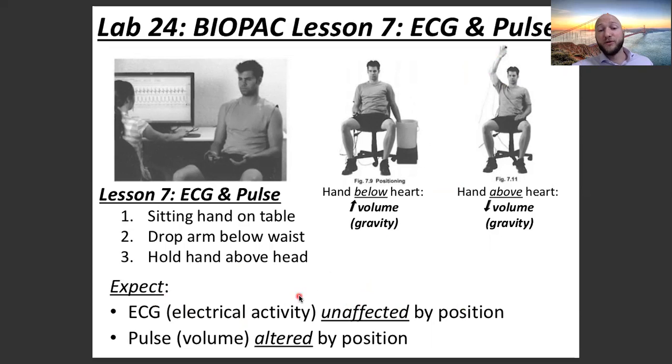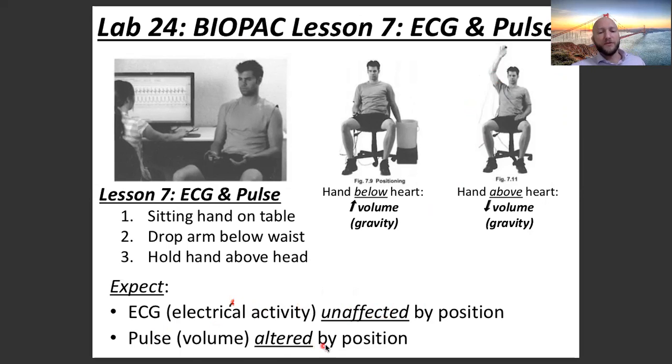But the amplitude, the height of each wave in the QRS complex, is going to be unaffected. Heart rate is going to be basically unaffected, and any change is just going to be because of the energy you use holding your hand above your head. But amplitude is going to be unaffected.